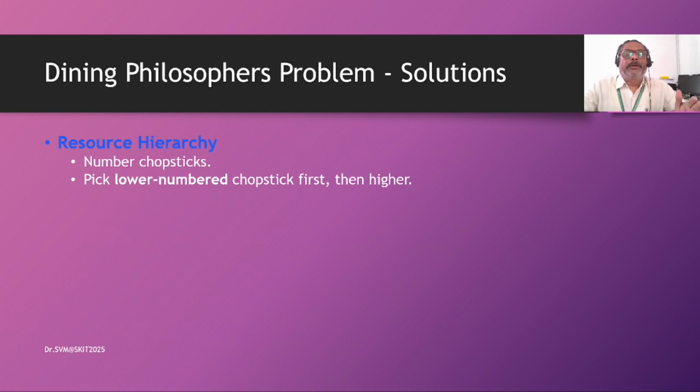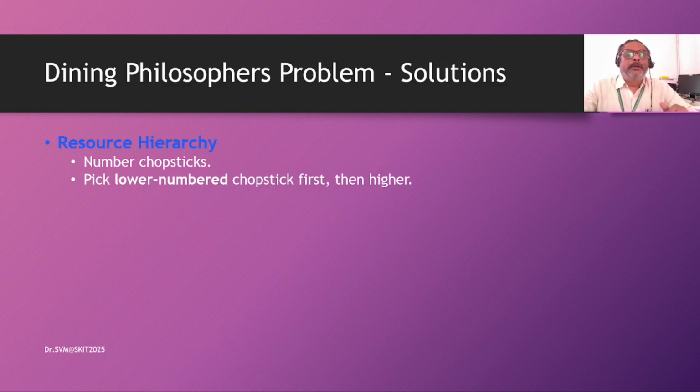The left of philosopher 1 is chopstick 1, the left of philosopher 2 is 2, left of philosopher 3 is 3, left of philosopher 4 is 4, left of philosopher 5 is 5, and back you get 1 again. That means the right of philosopher 1 is 2, right of philosopher 2 is 3, right of philosopher 3 is 4, right of philosopher 4 is 5, and right of philosopher 5 is 1.